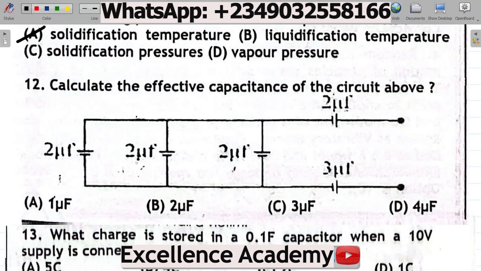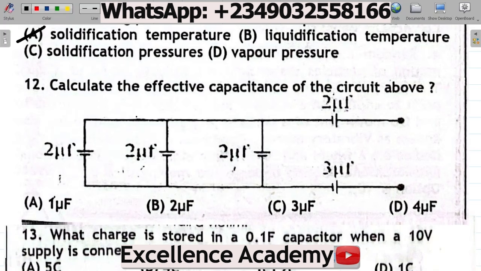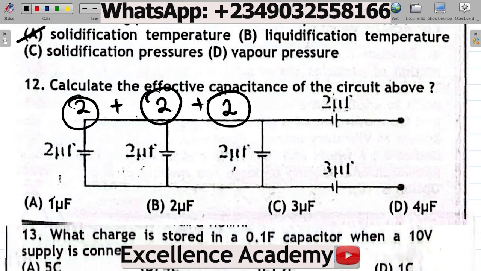Now, from the closed end this way, we have 2 microfarad, 2 microfarad, and then 2 microfarad, and each of these are arranged in parallel. For capacitance in parallel, these three have an effective capacitance of 2 plus 2 plus 2. 2 plus 2 is 4, plus 2 is 6.